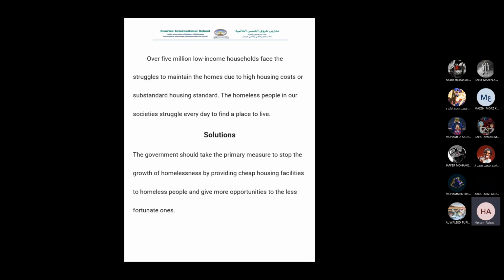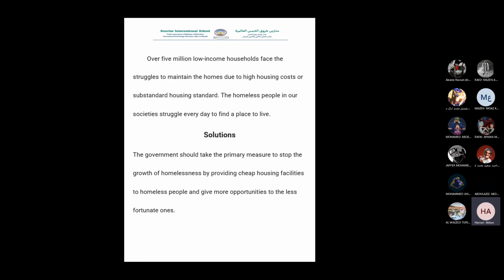They struggle to maintain their homes, to get a good home to live in as human beings, due to high housing costs, the cost of building a house or home, or standard housing.